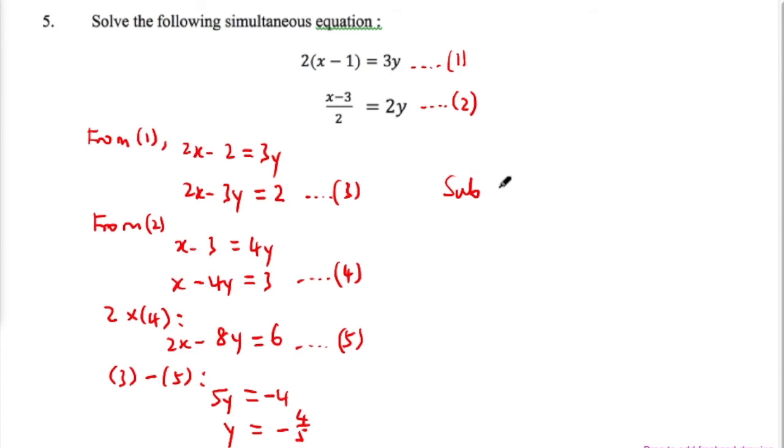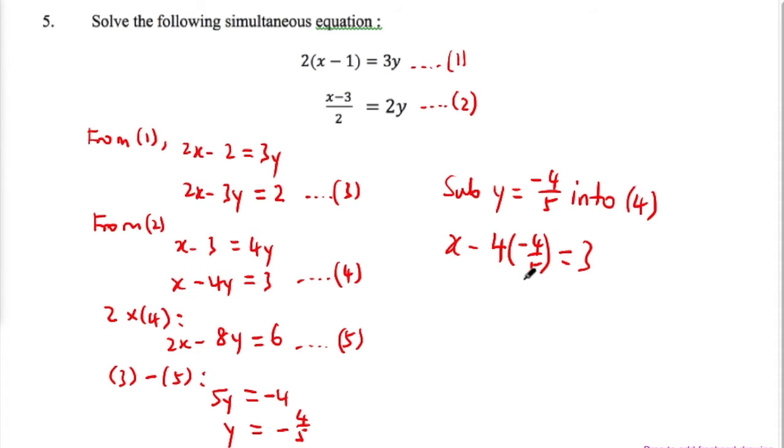Then we substitute the result y equals negative 4 over 5 into one of the equations. Let us substitute into equation 4. So we have x minus 4 bracket negative 4 over 5 equals 3.